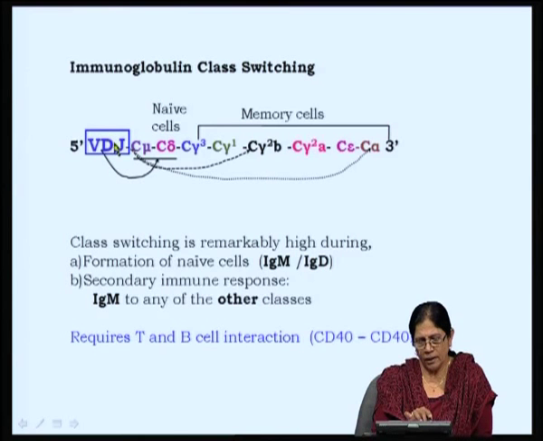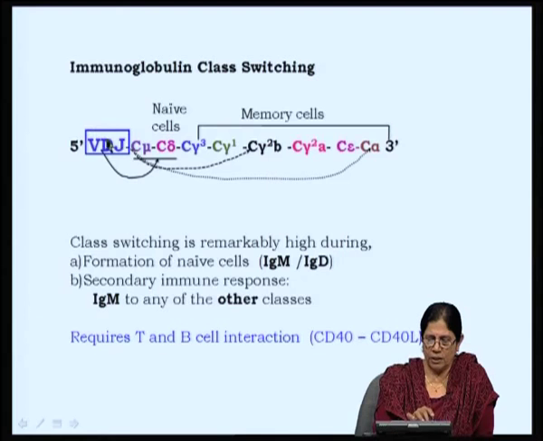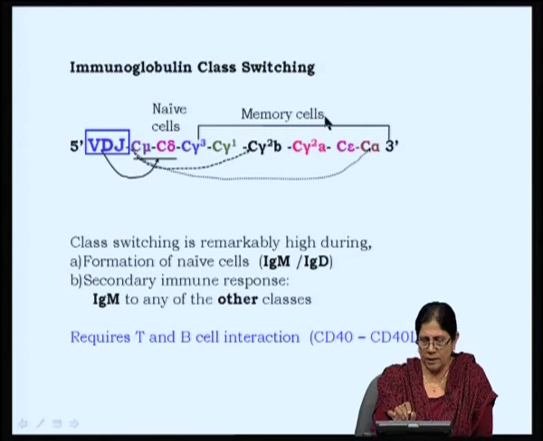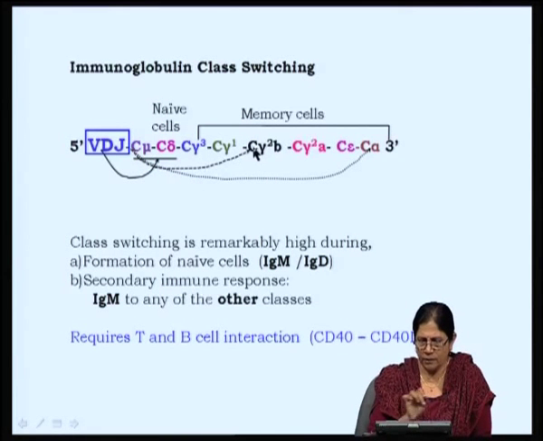It is only in the memory cells that the VDJ or VJ now gets associated with any one of the constant domains. Like I said, in the primary you will always have VDJ C mu C delta. It is upon the generation of memory cells that subsequently the same C mu delta can class switch to any other isotype.